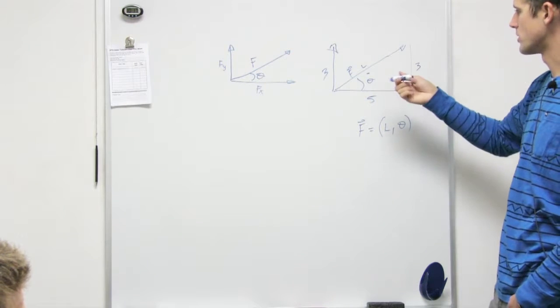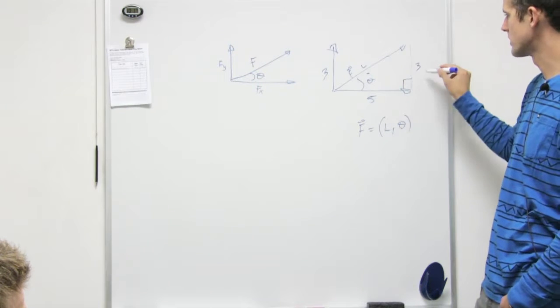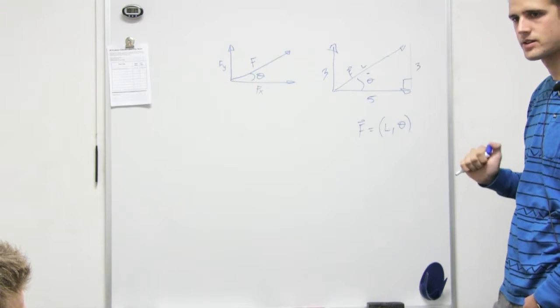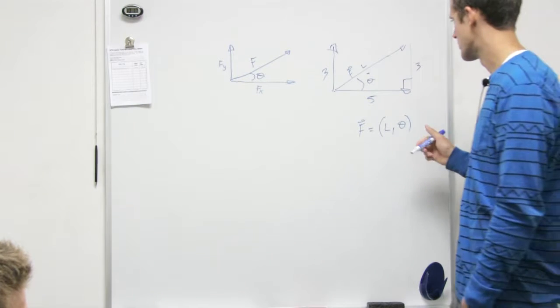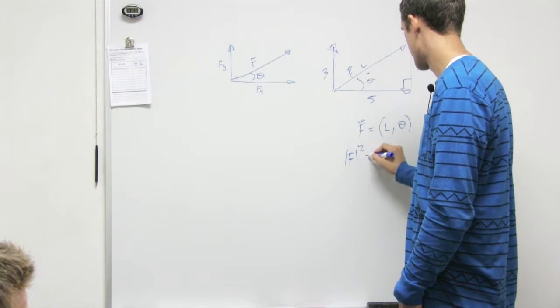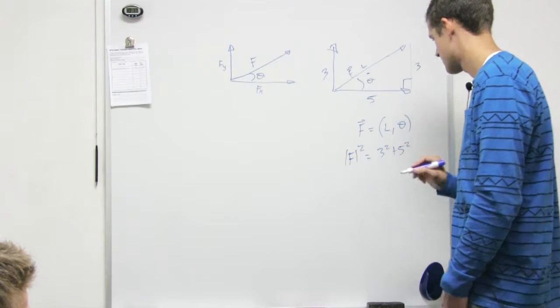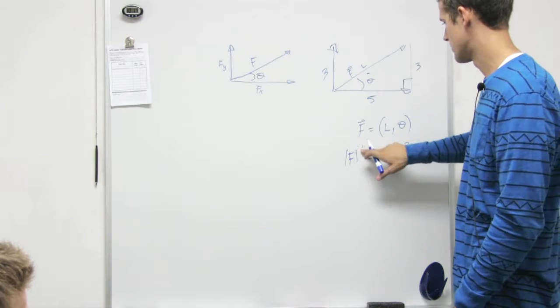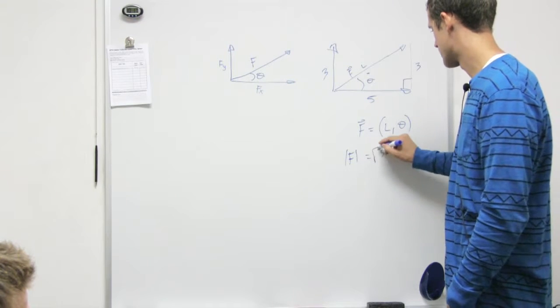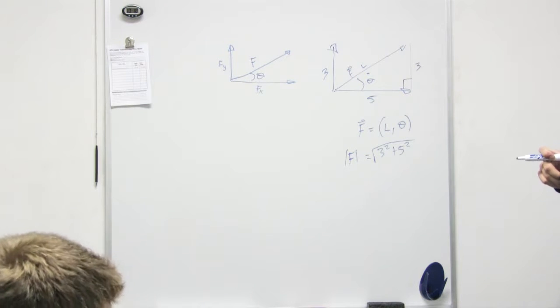Whenever you decompose a vector, it turns into a right triangle. So if you have these two lengths and you want to find this one, what do you do? Square both of those. So the magnitude of F squared is going to be equal to 3 squared plus 5 squared. Or you can say the magnitude of F is the square root of the sum of the squares.